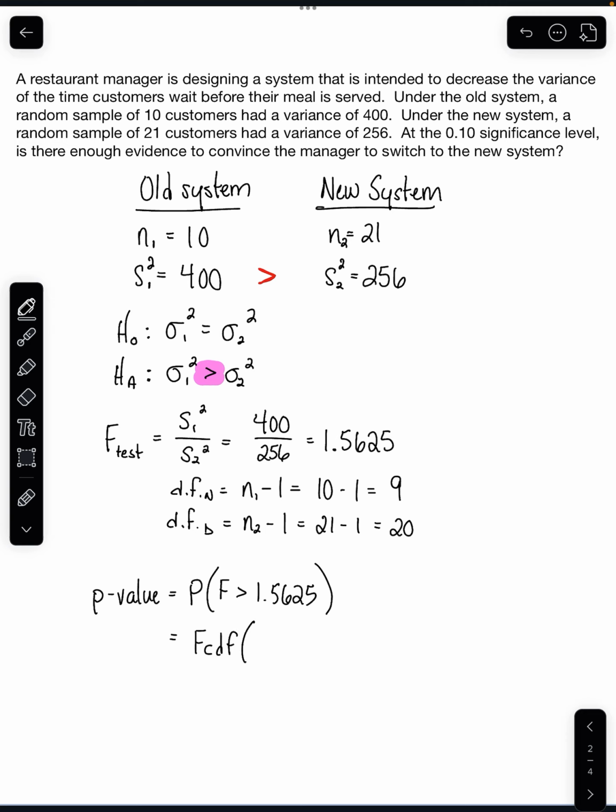And this is going to come from the FCDF from 1.5625 to the excessively large number that the calculator uses for infinity, with the degrees of freedom of the numerator being 9 and the degrees of freedom of the denominator being 20. This gives us a p-value of 0.1939.